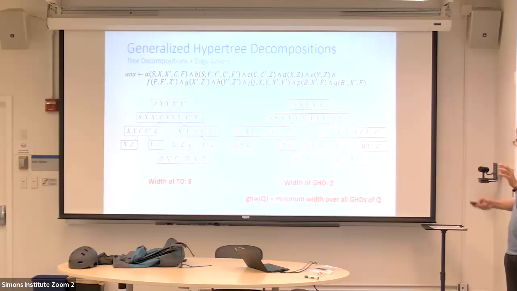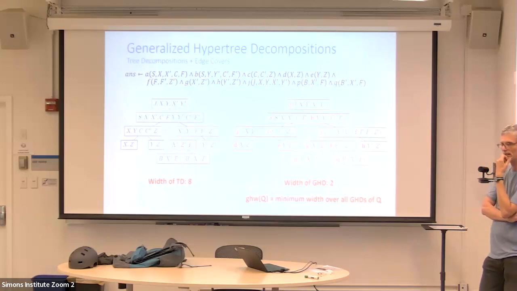And it was actually 2 years prior to this HyperTree width paper that Chekuri and Rajaraman introduced another notion of decomposition, so-called query decompositions, where they insisted that you have the entire relation there.